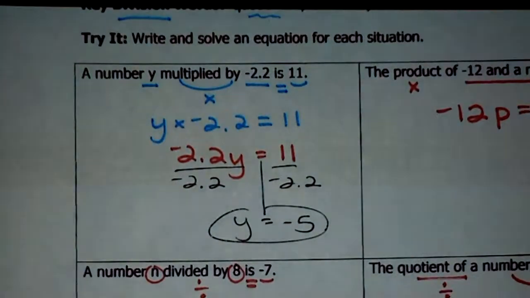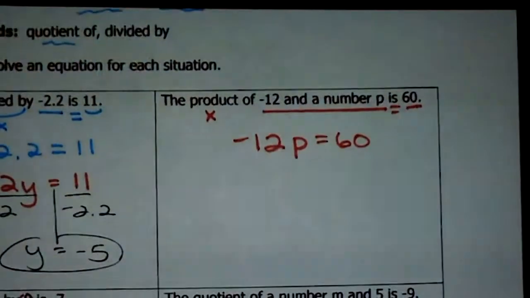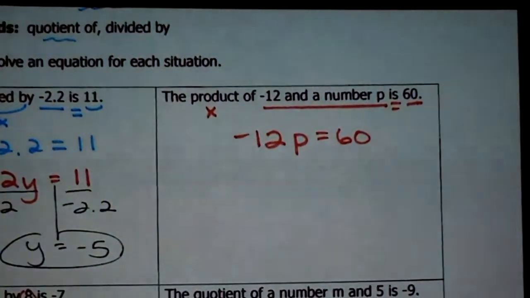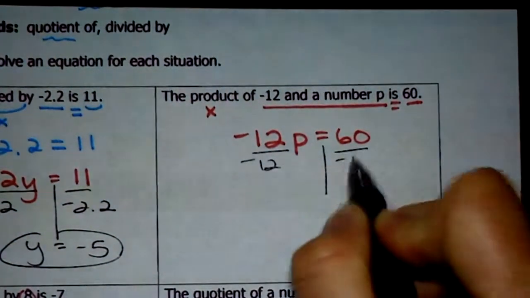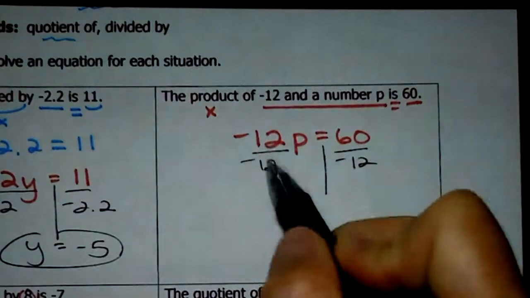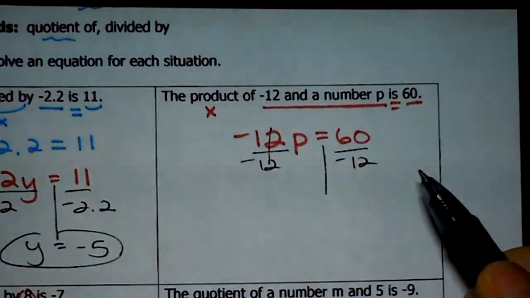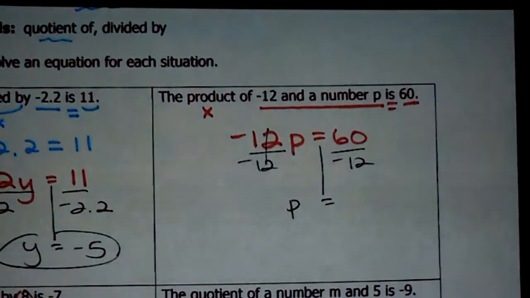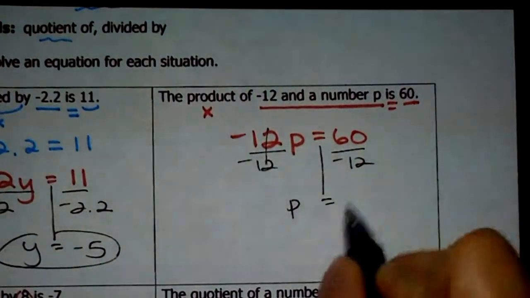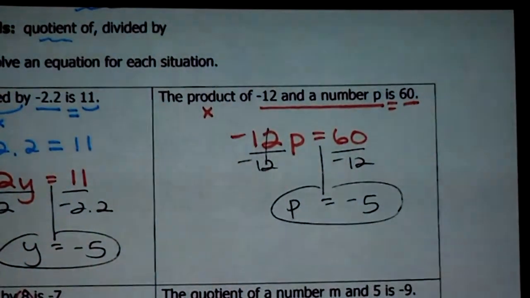And that one's done. All right, next, again, this is a multiplication equation. To undo multiplication, we're just going to divide each side by the coefficient of the variable. Negative 12 divided by negative 12, gone, that's 1. We're left with p. And when you take 60 and you divide it by negative 12, yep, you get negative 5. I didn't even do that on purpose. They're both negative 5. It's crazy.